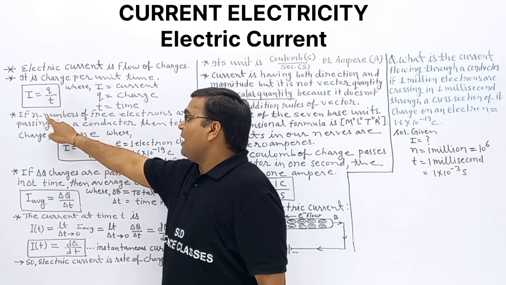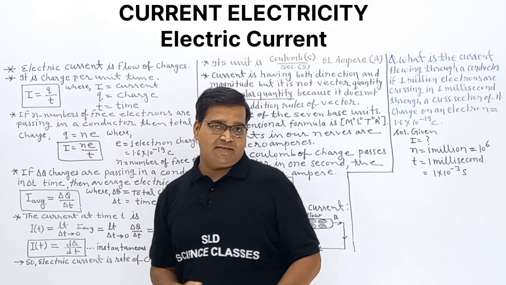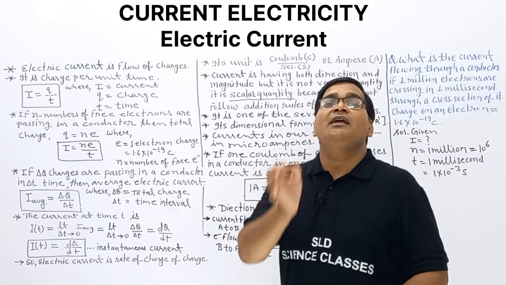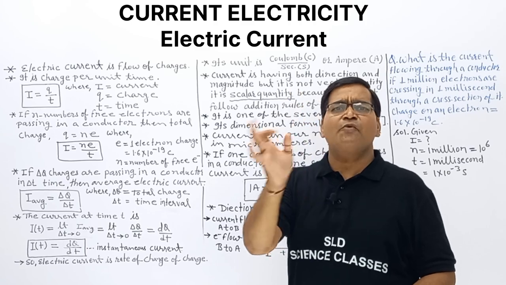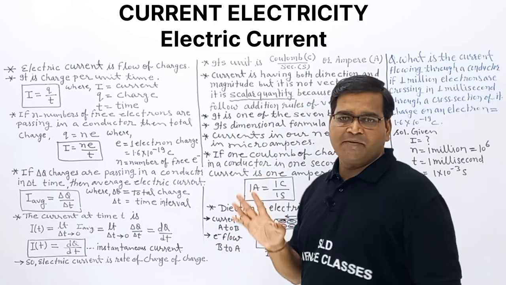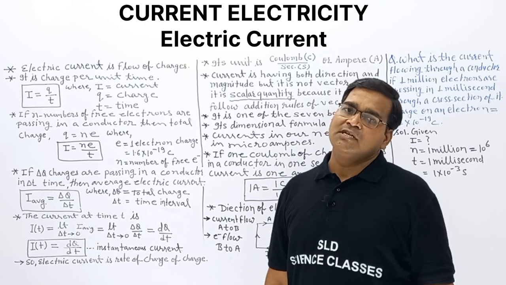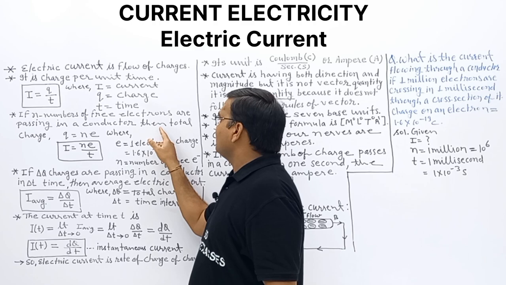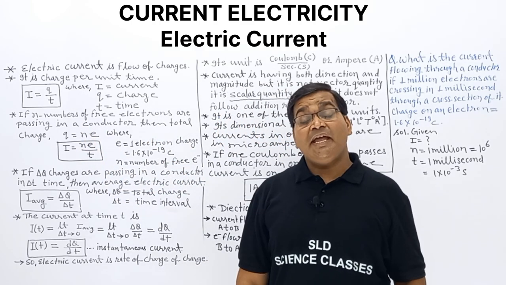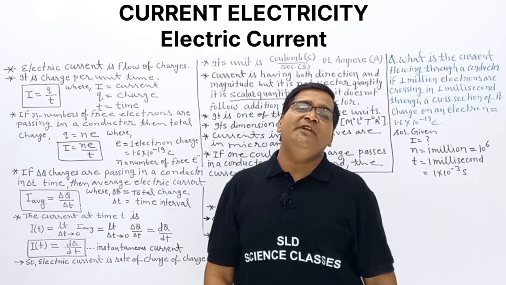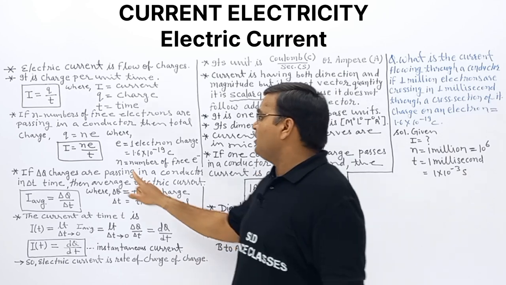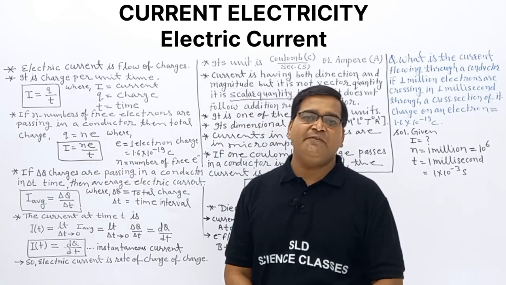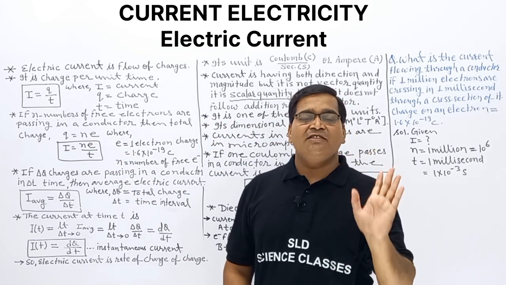Now observe this one. If n free electrons are passing in the conductor in a particular time, then the total charge will be n times e.